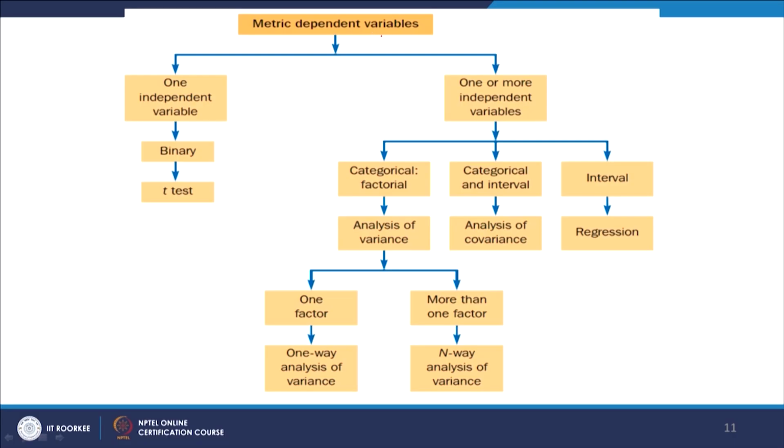When the dependent variable is metric, that is, continuous, and you have one independent variable with 2 levels, which is categorical, like male female, high income low income, or loyal not loyal measured as 1 and 0, that is binary. Suppose I want to see the impact of love for movies among male and female students.